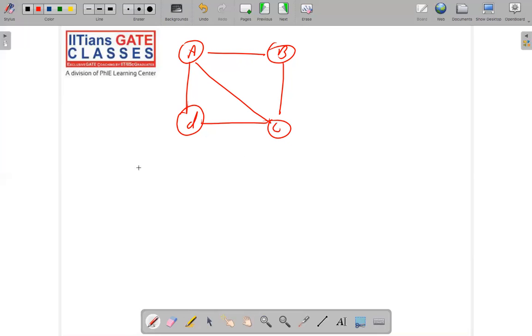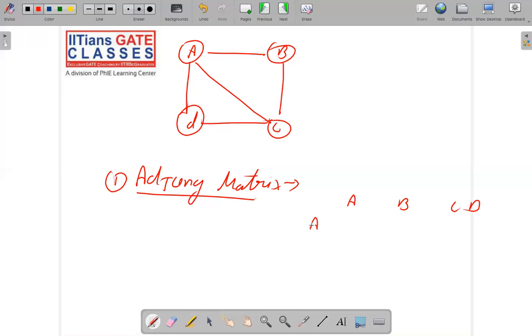So there is one representation which is called adjacency matrix representation. In this one, it is quite easy. We draw the matrix like this: A, B, C, D along both rows and columns. Wherever there is no edge, like from A to A, we write 0. We have an edge from A to B, so we write 1.